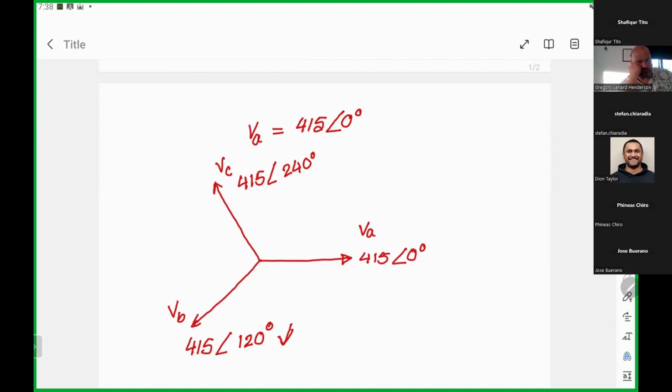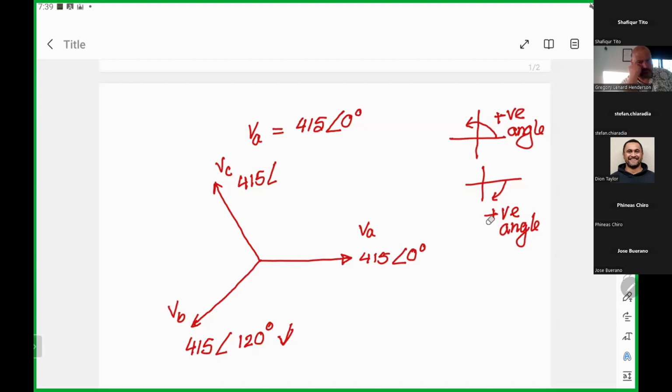When we consider angle, this direction is the positive angle. If I move in the other direction, that will be the negative angle. So clockwise is the negative angle, and counterclockwise is the positive angle. We have to be very clear.